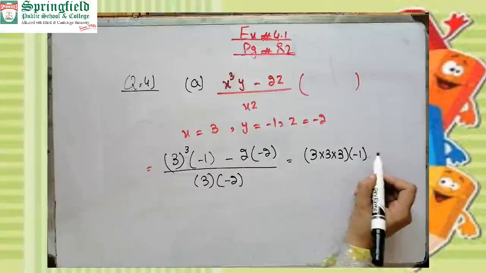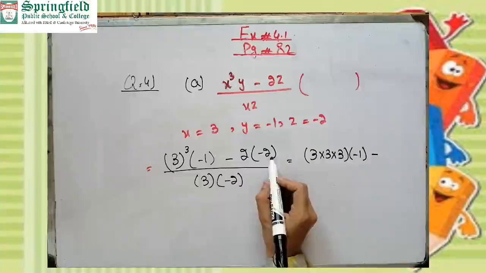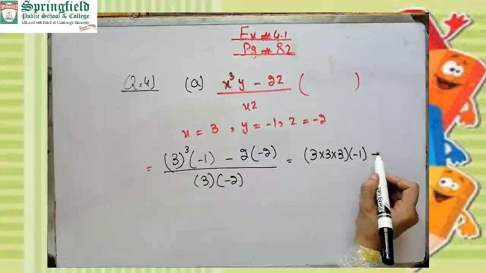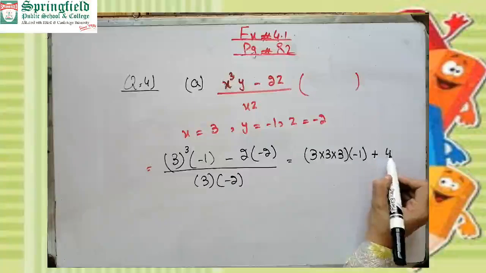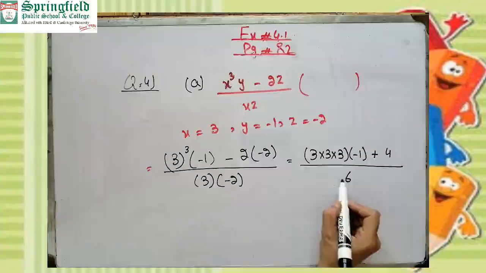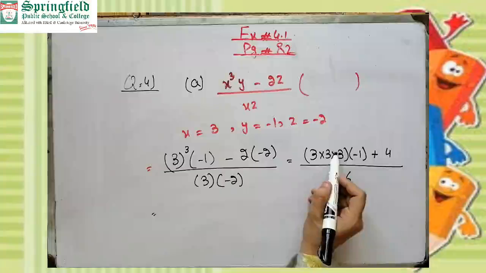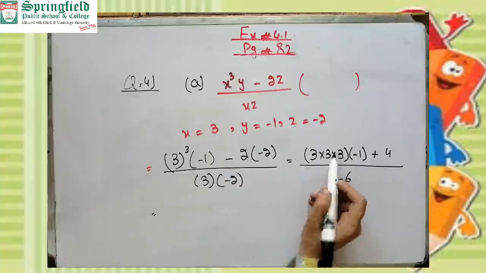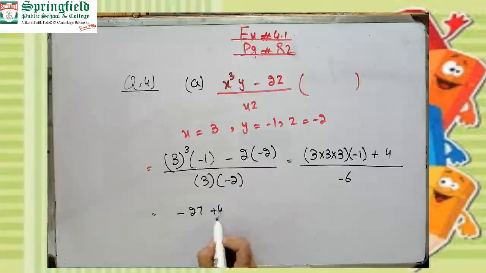Minus 1 and then minus 2, 2s are 4, and when we open the bracket, minus minus becomes plus, minus 4 becomes plus 4, and 3 2s are 6, minus 6. Now 3 3s are 9, 9 3s are 27, minus 27 plus 4 divided by minus 6.